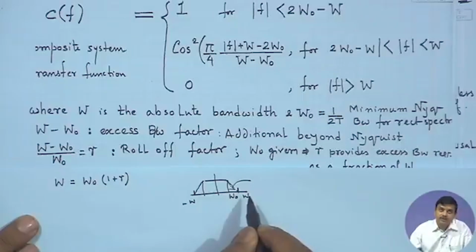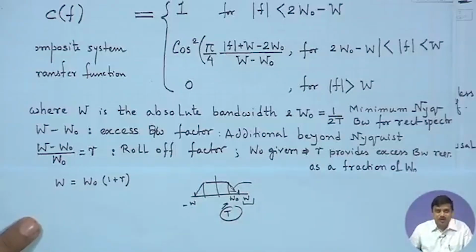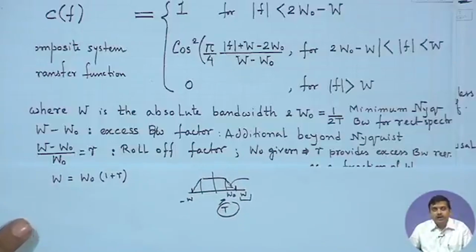So, what is this excess ratio? If we can specify this, we can find the amount of W that is required. All this is given a value of symbol duration, that is a symbol rate. So, why do we go in this manner? Because generally you will be given the bits per second to be transmitted, bits per second per hertz is what we calculate. So, if you are given bits per second, you know the modulation, that means you know k, all you are left with is to determine t.